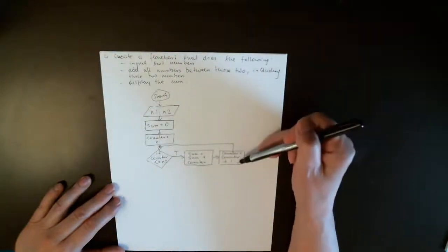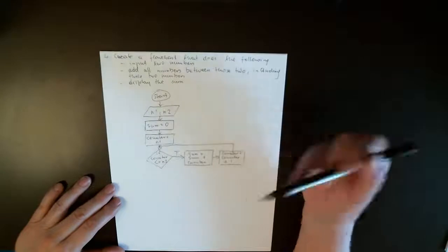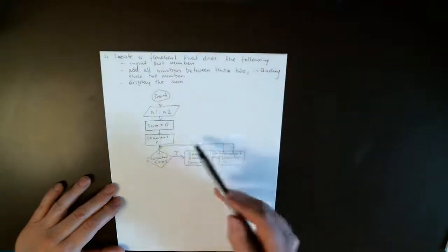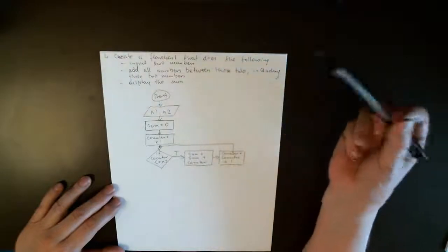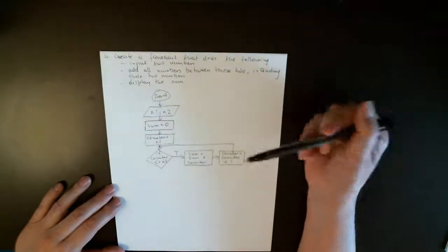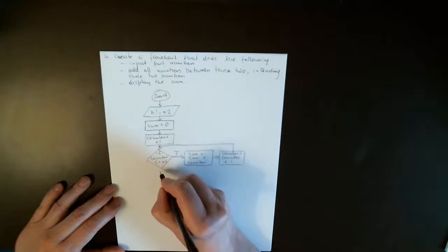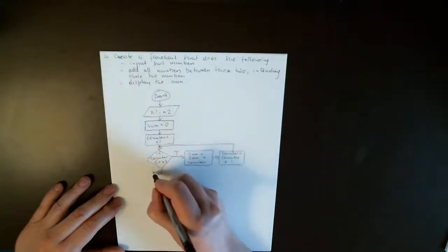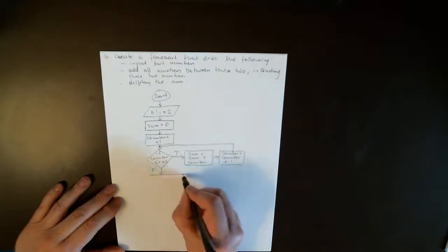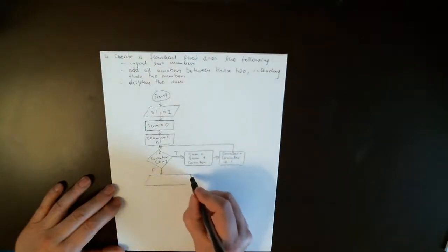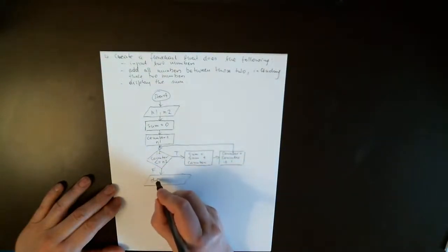And then we increase the counter by 1 every time we loop. Now, what's missing? Display the sum. When are we going to display the sum? When we finish counting. So here it is. If it's false, we finished our counting. We just display our sum.